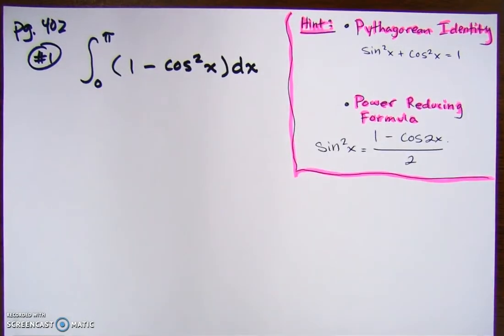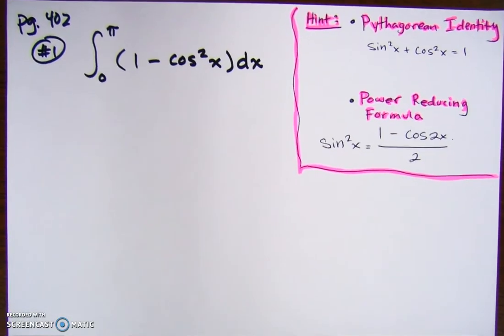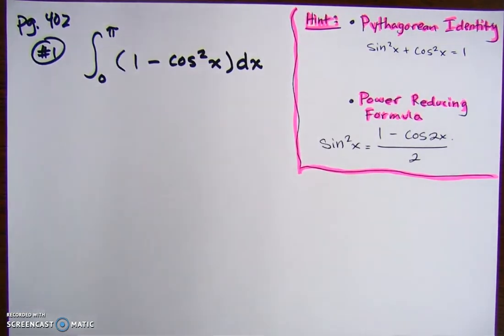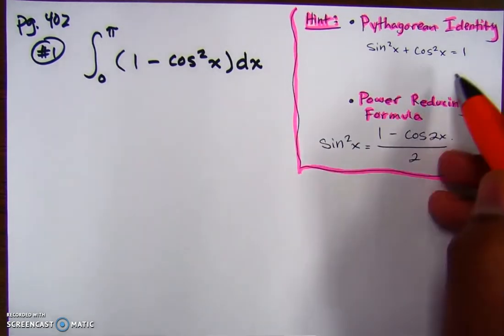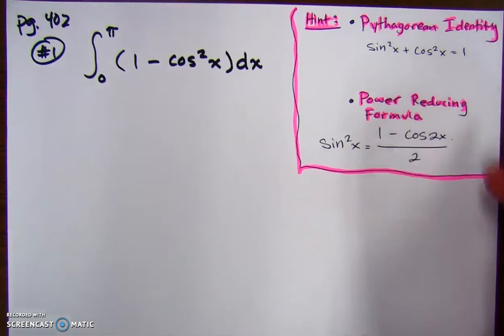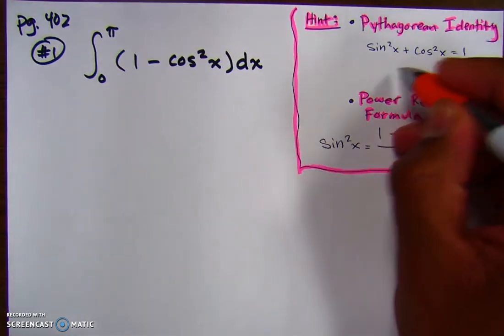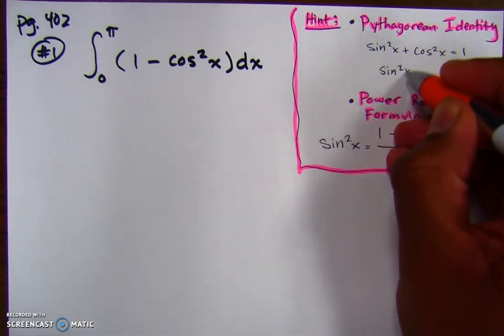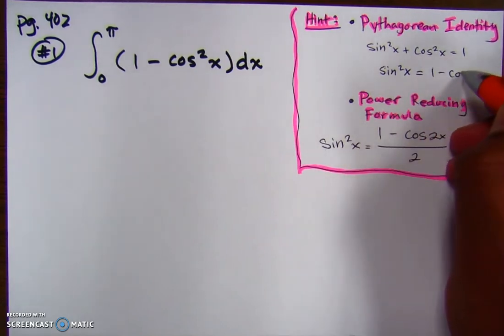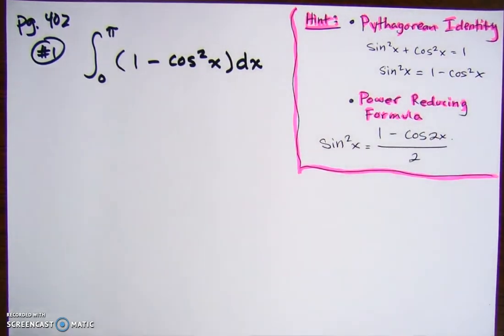Now that we have the setup, I gave you a hint that you are going to use a Pythagorean identity from trig. So sine squared x plus cosine squared x equals 1 can be rearranged to sine squared x equals 1 minus cosine squared x.